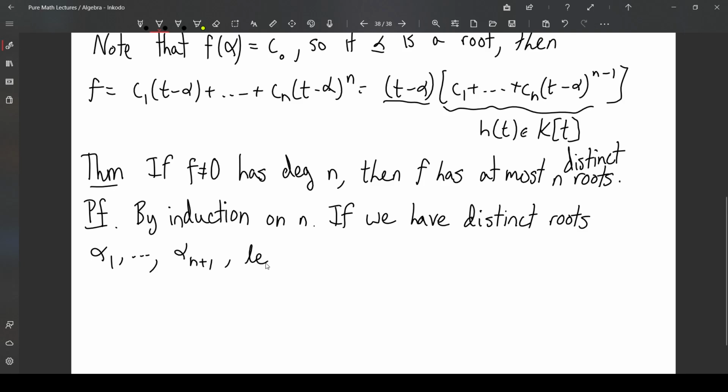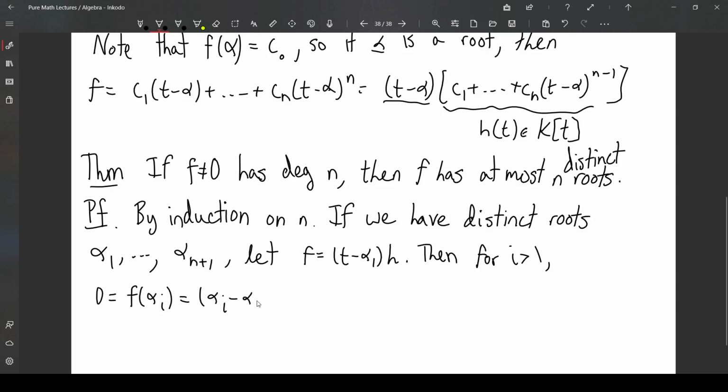And then we let f equal (t minus alpha 1) times h. Then for i greater than 1, 0 is equal to f of alpha i, which is equal to (alpha i minus alpha 1) times h of alpha i.